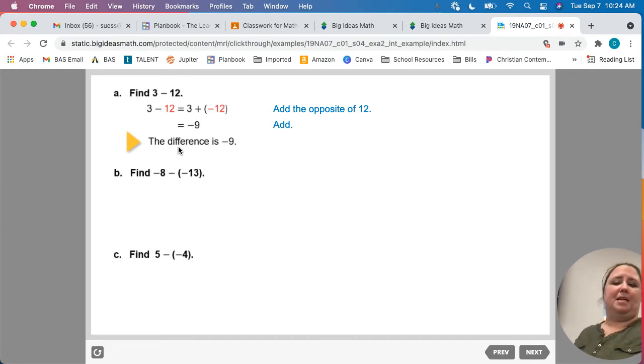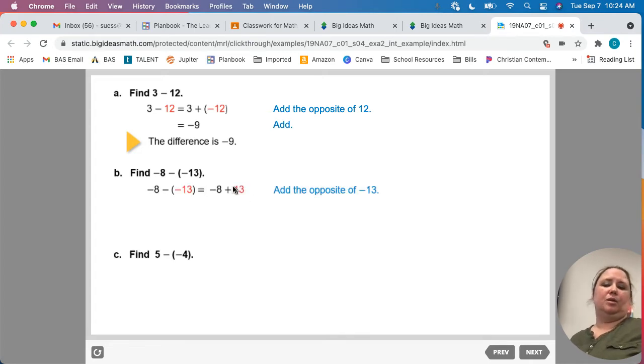All right, let's look at B. We have a negative 8 minus a negative 13. What do you see right here in this middle? Yes. We see the parentheses face. So a negative times a negative right here means a positive. So this is actually negative 8 plus 13. So is my answer going to be positive or negative?